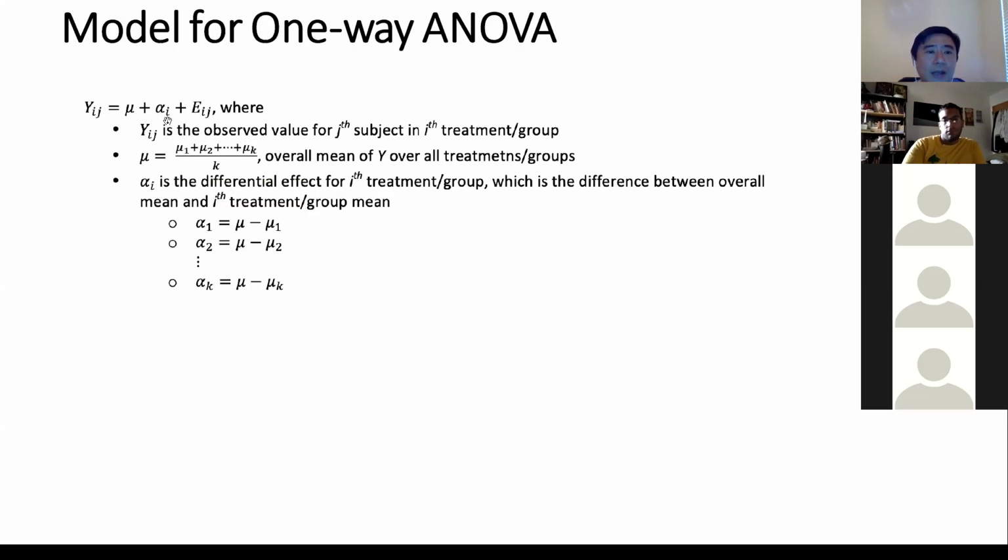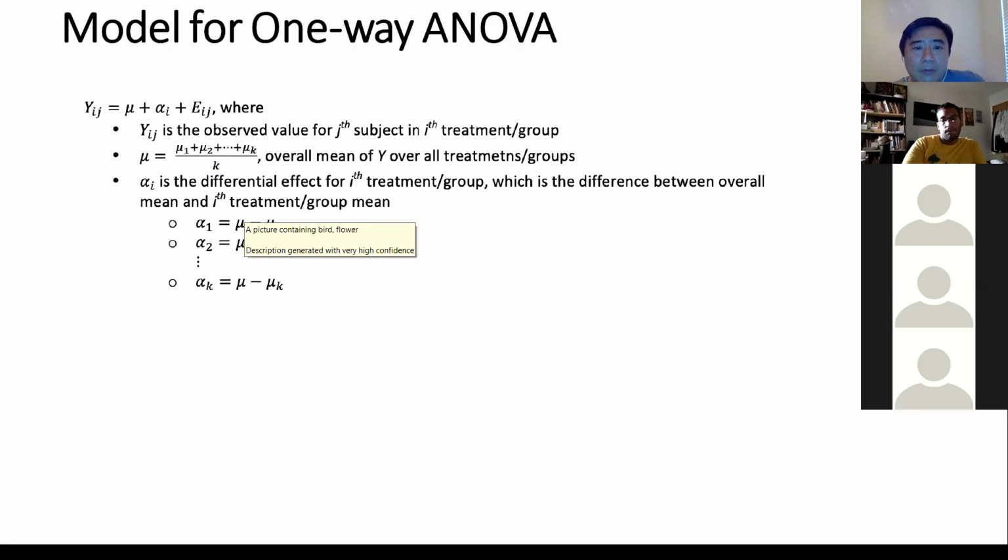And this alpha i is interpreted as the treatment effect. If your factor is the treatment, this alpha i is the differential effect of the i-th treatment from the grand mean mu. That is, what's the deviation of each specific treatment group from the grand mean?